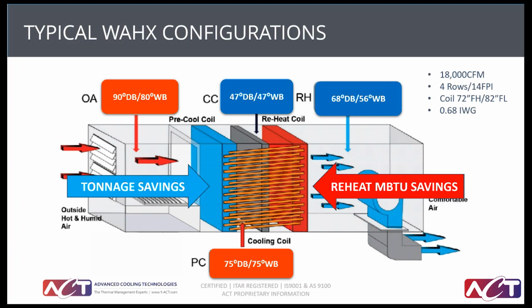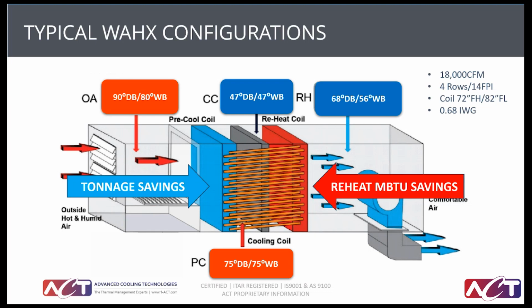One of the first things that you take a look at on a standard typical wraparound configuration is the incoming outside air, what your cooling coil temperature is, and typically these types of systems work best with 100% chilled water outside DOAS type units.